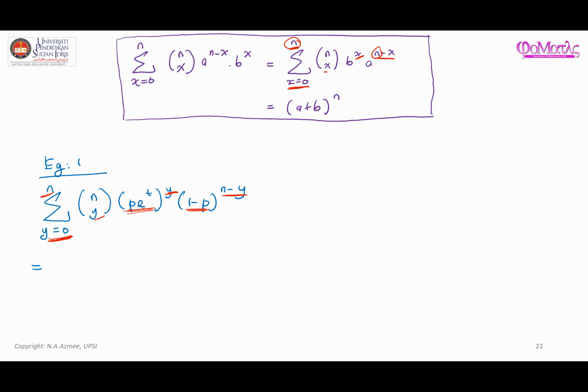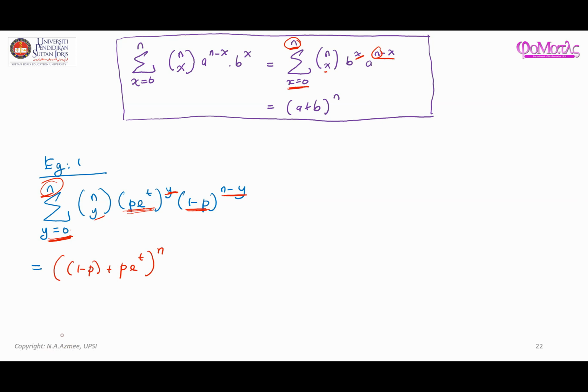So the answer to this expansion problem is just going to be (1 minus p plus p e^t) to the power of n. Okay, so that's it.